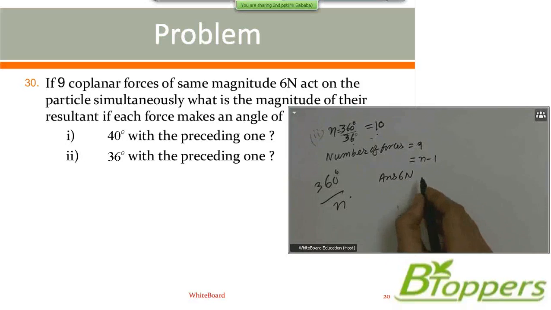The polygon with the 10 sides we call decagon. That means the 9 forces can be graphically represented along the 9 sides of an incomplete decagon. So the magnitude of the resultant will be equal to the length of the closing side, which will be same as the length of one of these other sides.